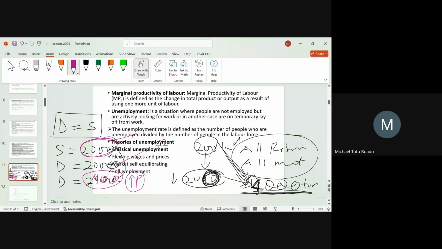Price is rising to 5 Ghana cedis. It means I cannot be buying the same quantity I'm buying at 2. If I am a rational human being, I should reduce my quantity because the price is high. So if I am reducing, you are also reducing. It brings us back to the 2,000, where demand will be equal to supply.